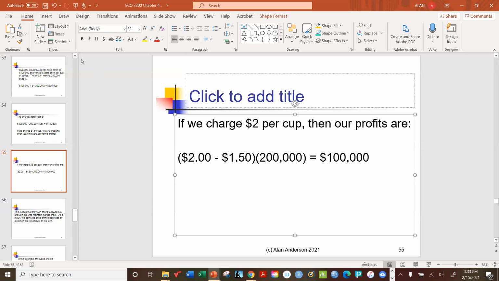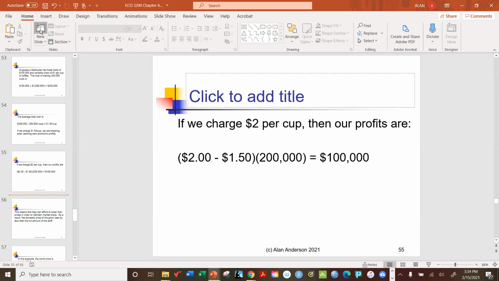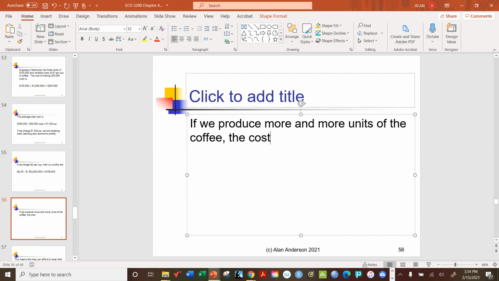Now, here's where it gets interesting. If we produce more and more units of the coffee, the variable costs typically increase.